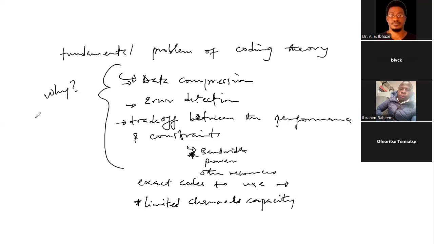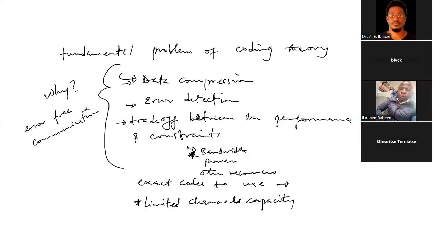It's still related to reliable communication or transmission, but this time we are looking at error-free communication. So we want to ensure that the errors that occur due to the channel noise are extremely improbable. That's why we are doing this, okay?